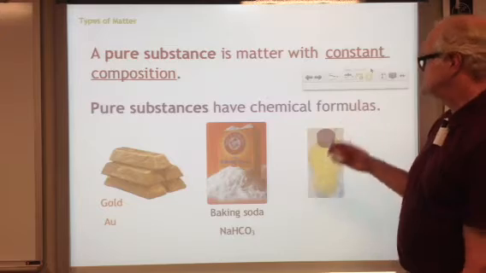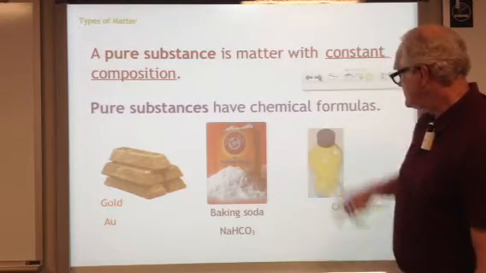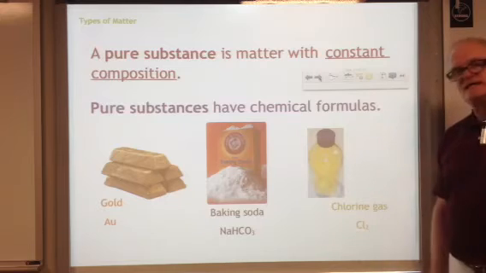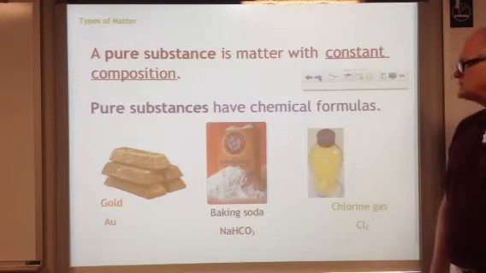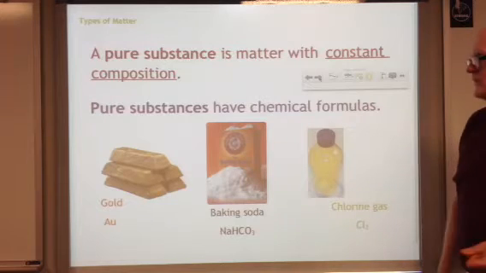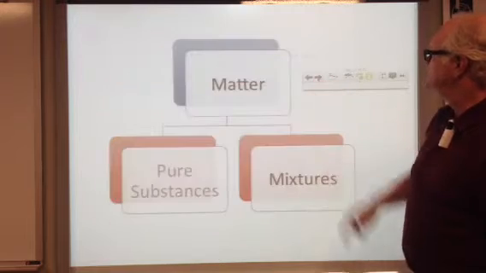It has constant composition. It's a pure substance. In fact, this chlorine gas has the formula Cl2, capital letter C, lowercase l, subscript 2. Chlorine, baking soda, and gold are all examples of pure substances.